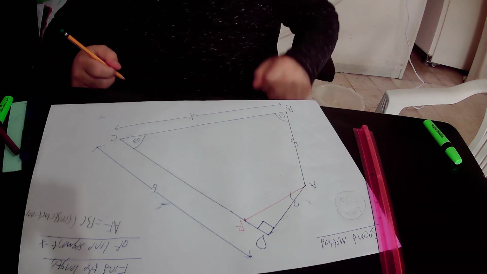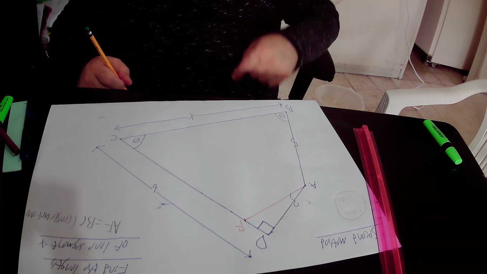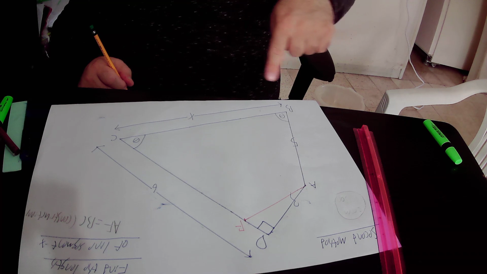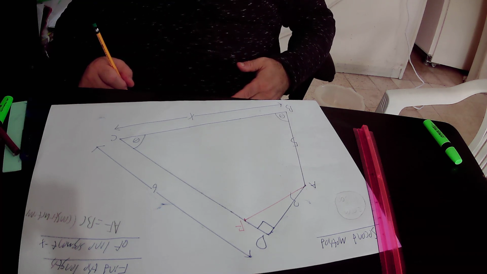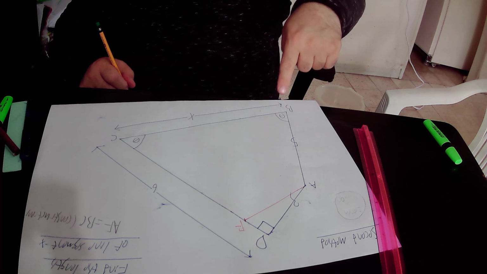In the next step, from point F, we draw a straight line on BC in such a way that the straight line will be perpendicular to AB.